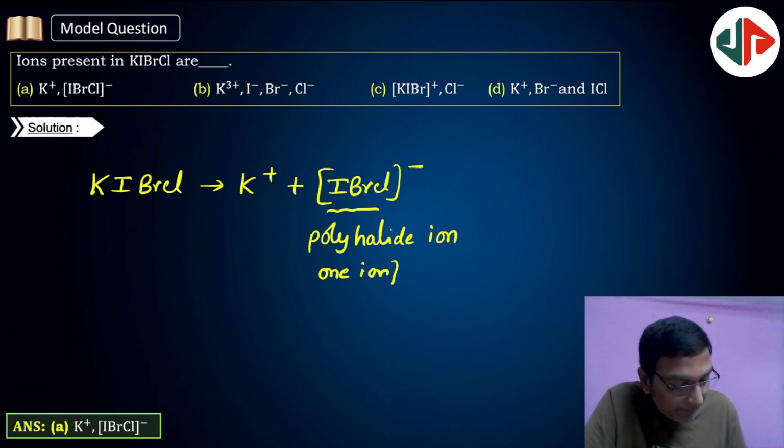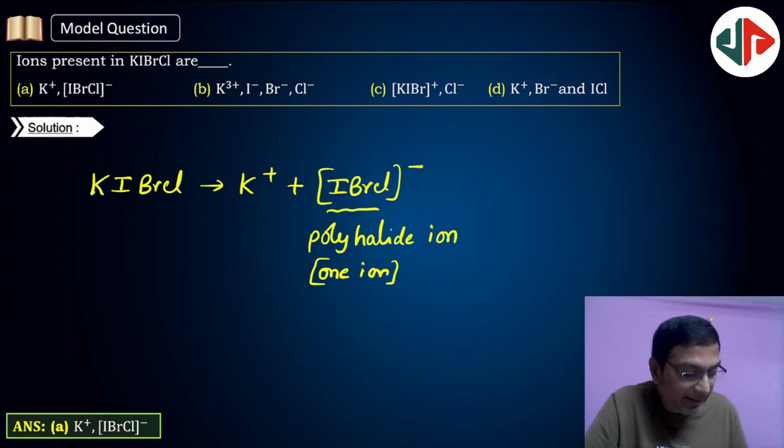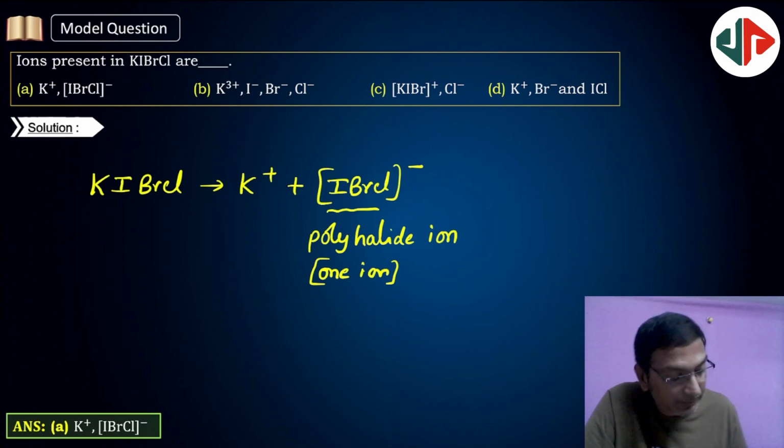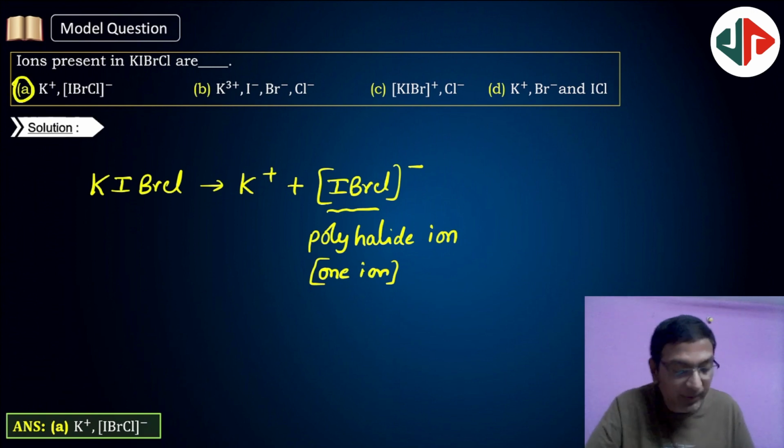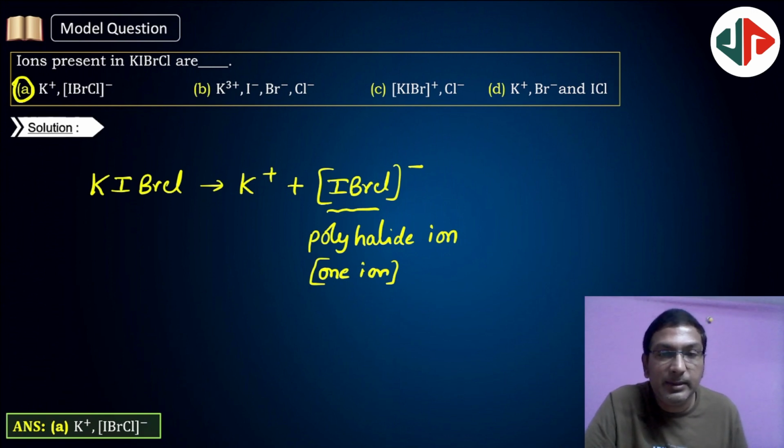Only one ion. Therefore K plus and IBrCl minus. So option A. One anion, one cation. So this is best example for interhalogen compounds or polyhalide ion. Next.